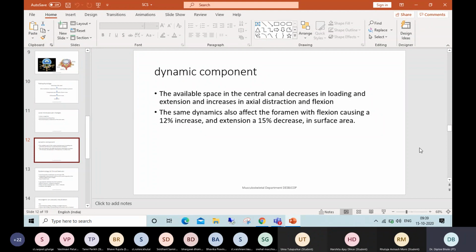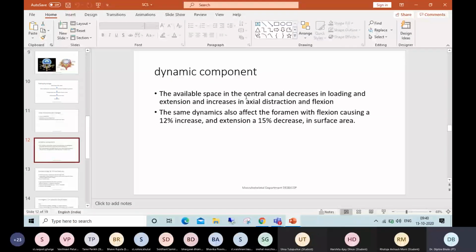Okay, so realize that the central canal or even the lateral canal that we have been talking about, where the stenosis has taken place, is not going to remain constant in dimensions in all the positions, postures and movements. This is what I was talking about when we discussed listhesis before this.